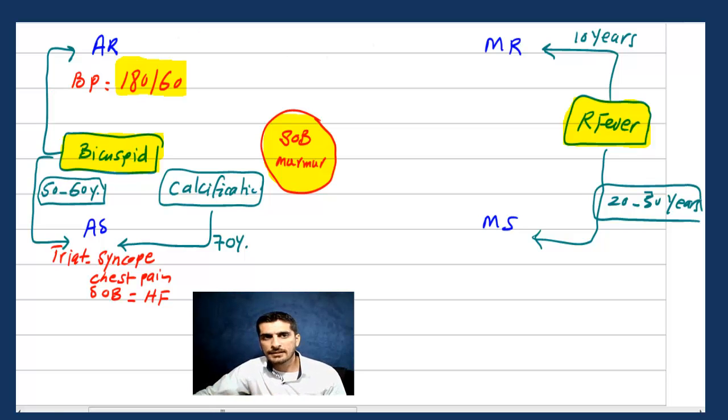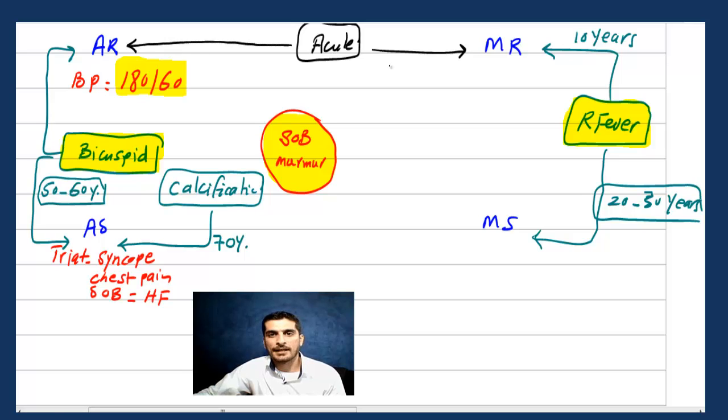Why not? Let's say, do I need to talk about the acute of which one? For regurg. So I will put acute for regurg as acute mitral regurg or acute aortic regurg. I know it's really interesting. For acute mitral regurg, look what I'll put: endocarditis.